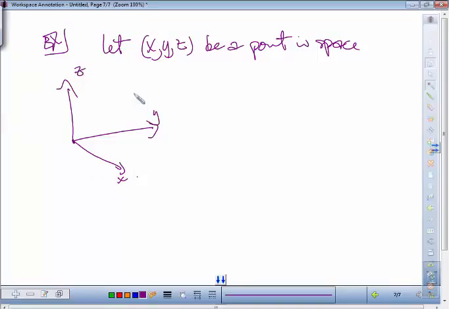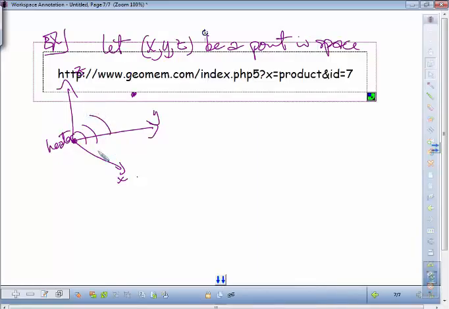And then you pick any point in space, and let's just say, to make things a little bit more interesting, there's a heater over here. So there's a heater that's on over here, so it's really warm in that corner, right?